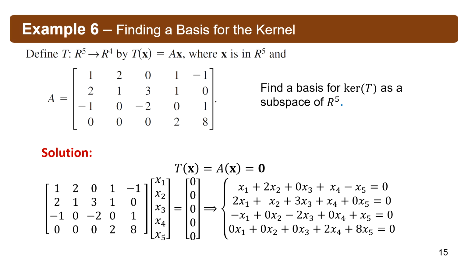So T of X is AX, so A is your matrix. And then of course you have now this one, 1, 2, 3, 4, 5. So you have to use 5 components. And then we equate that to 0 with 5 components also.